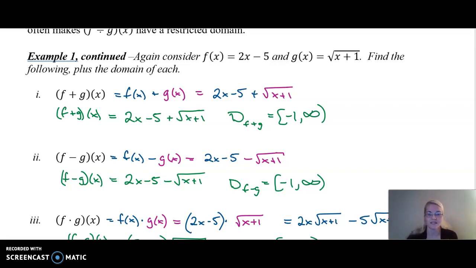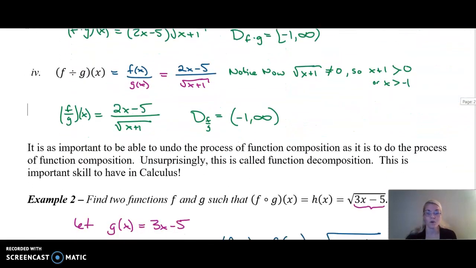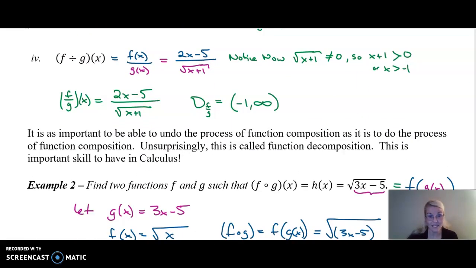So in this case, since the domain here was all reals and the domain here was everything greater than or equal to -1, that overlap is just greater than or equal to -1. And so that was the domain of our addition, sum, and product. With the quotient, you also get introduced a little bit more restriction by requiring that the denominator cannot equal 0. So again, that changed our domain just a little bit.